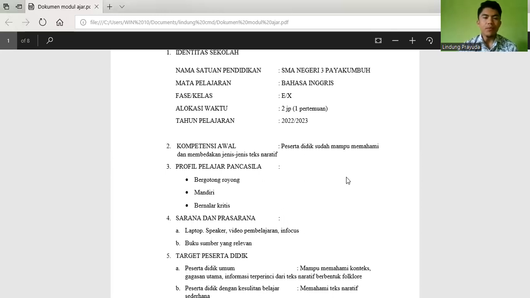And then the Profil Pelajar Pancasila: we hope that students are able to work together and work independently, and to do critical reasoning. And in this teaching module, we need a laptop, speaker, learning video and InfoCourse, and other relevant books related to the topic.